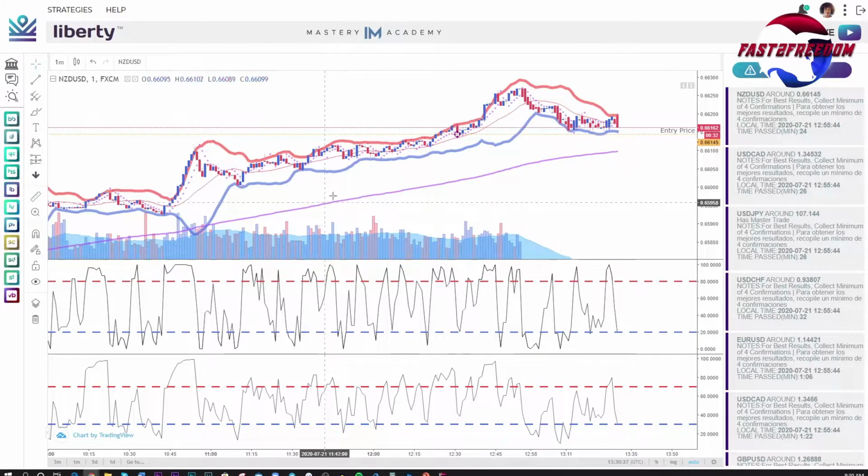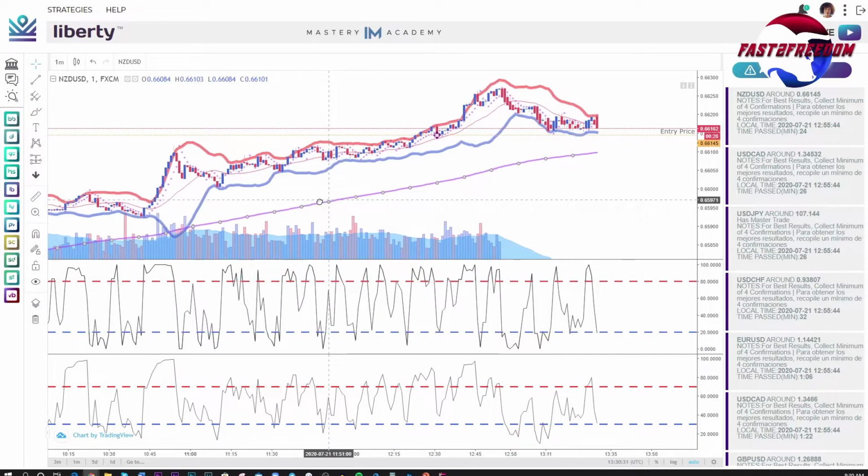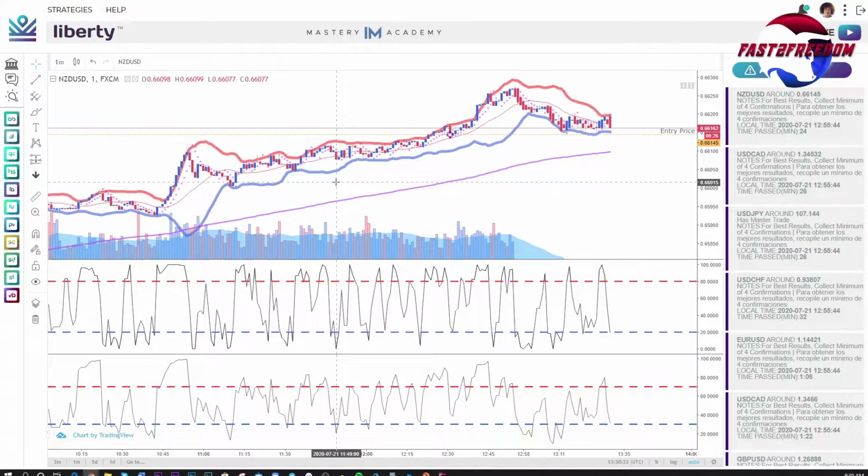But according to this, the 200 EMA is telling us the average momentum. The reason why it's 200 is because it's counting 200 candles to give you its algorithm, and giving you the average momentum on where the trend is headed.